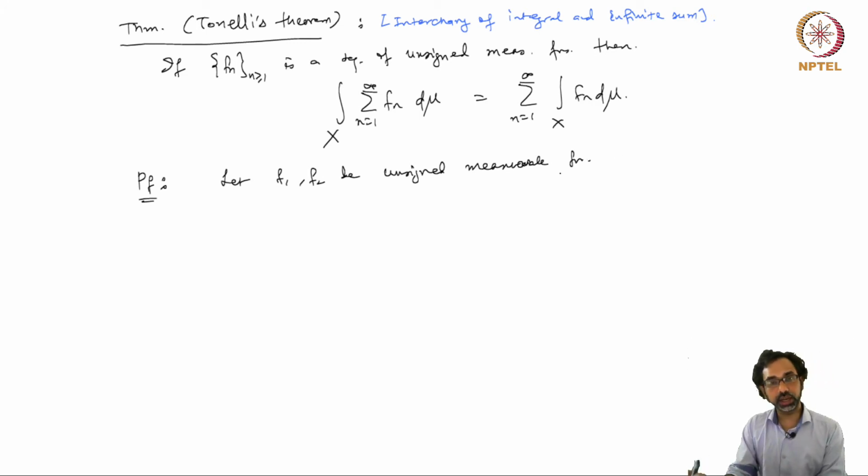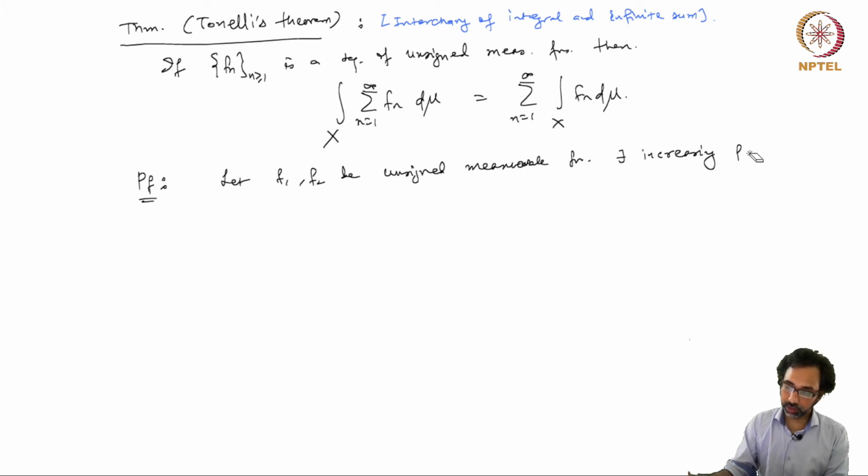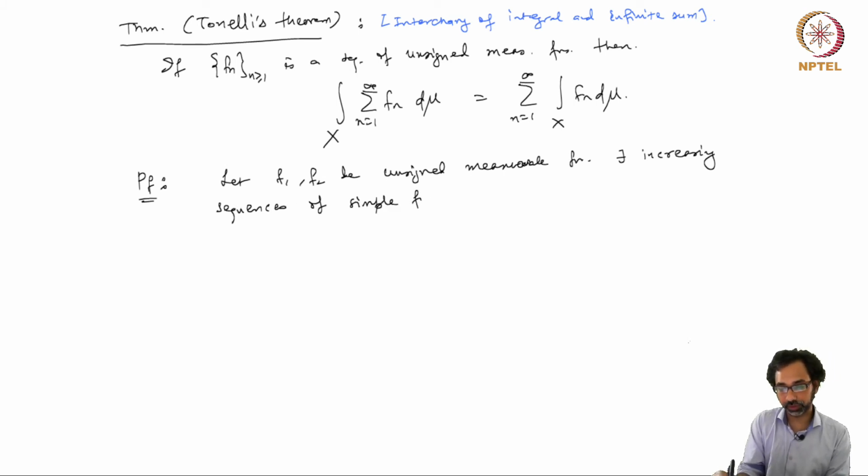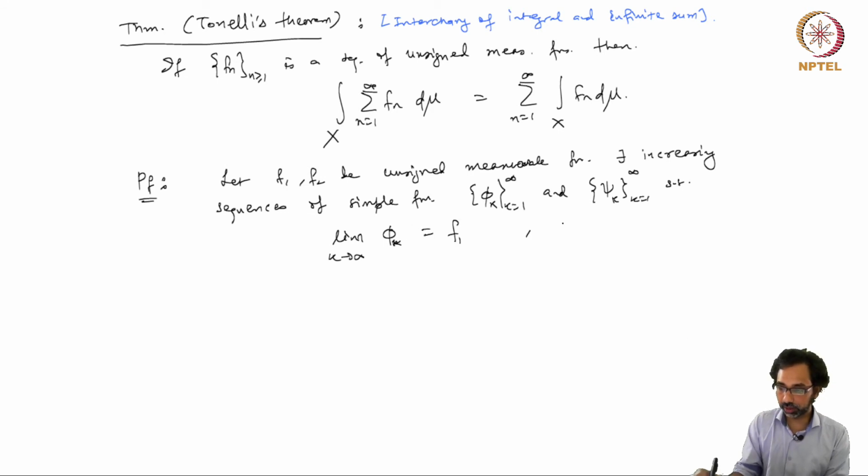Because they are unsigned measurable, there exist increasing sequences of simple functions phi_k, k equal to 1 to infinity, and c_k, k equal to 1 to infinity, such that the limit as k tends to infinity of the phi_k's is equal to f1, and the limit as k tends to infinity of the c_k's is equal to f2.